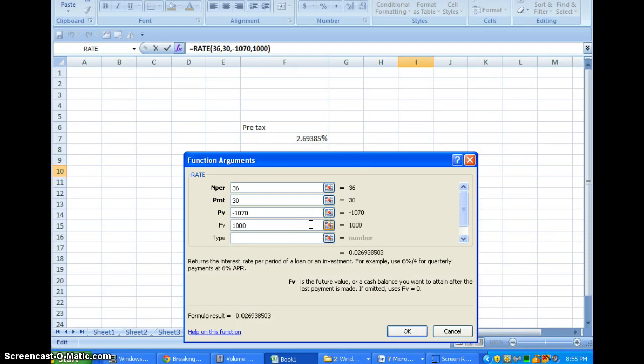That's what you're going to earn. So again, 36 payments because it's 18 years, semi-annually, $30 a payment, 6% interest. That means 60 bucks a year. That's why I get the payment of 30. Present value, 1070. That's what it's being traded at right now, or quoted at, 107% of face value. Future value: all bonds are at par, 1,000, unless otherwise stated.